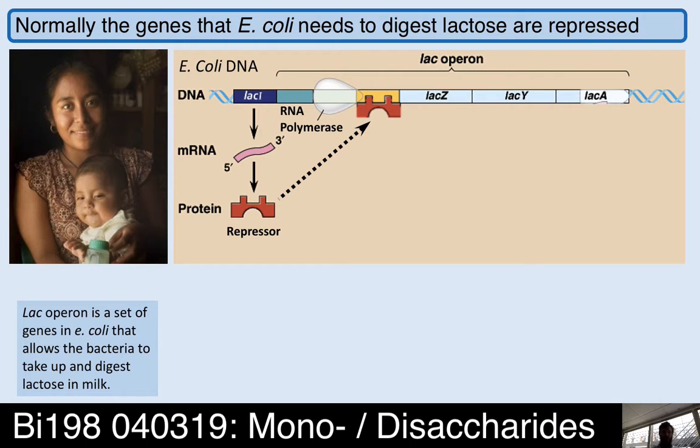And this is what happens. This is what they do with it. So to begin with, let's say the baby has not fed yet. Here's a baby. It's thinking about dinner. It's looking, but it hasn't eaten yet. That E. coli, that bacteria, has this gene in it called the lac operon.